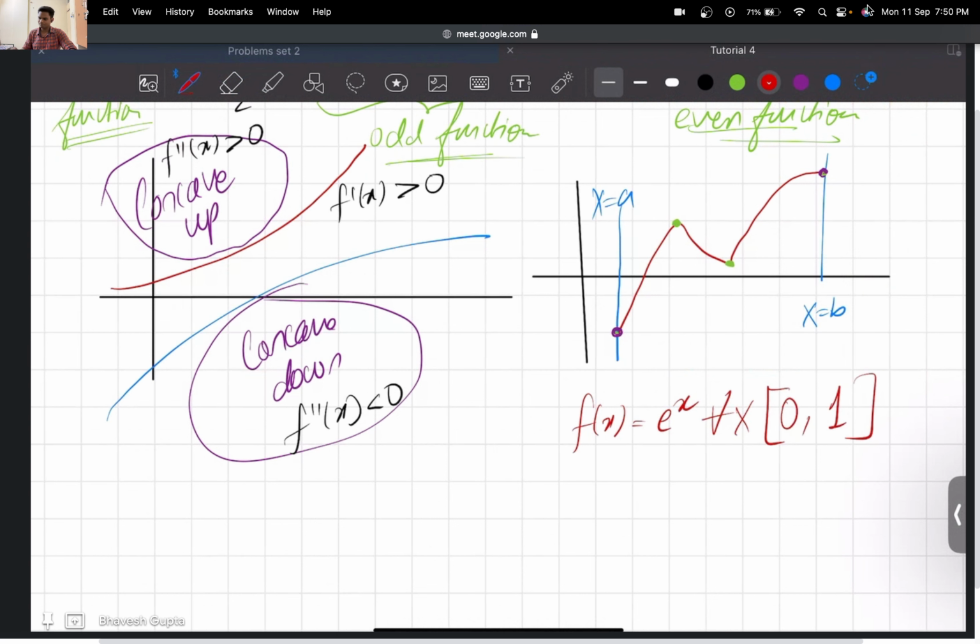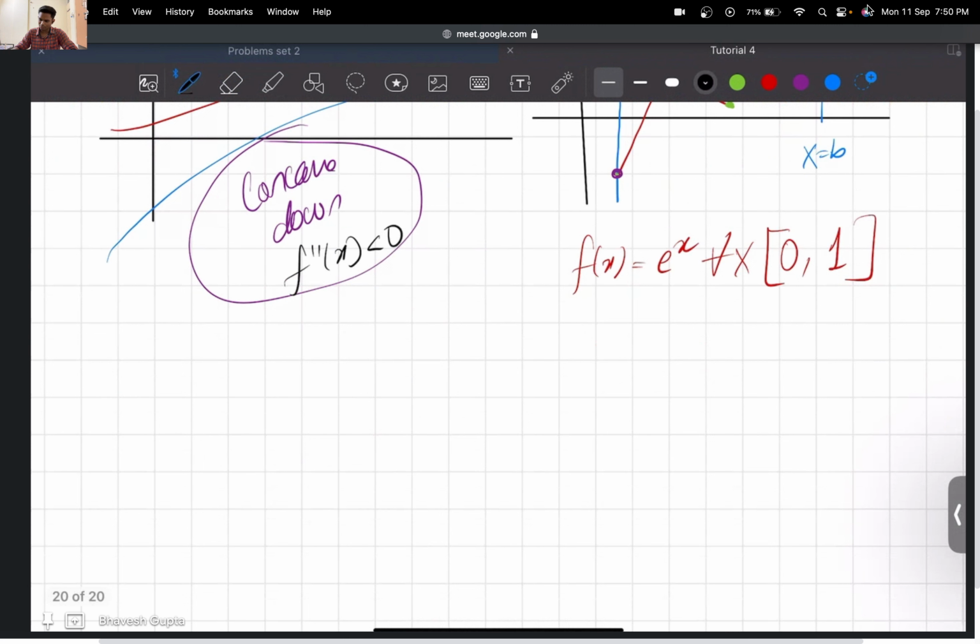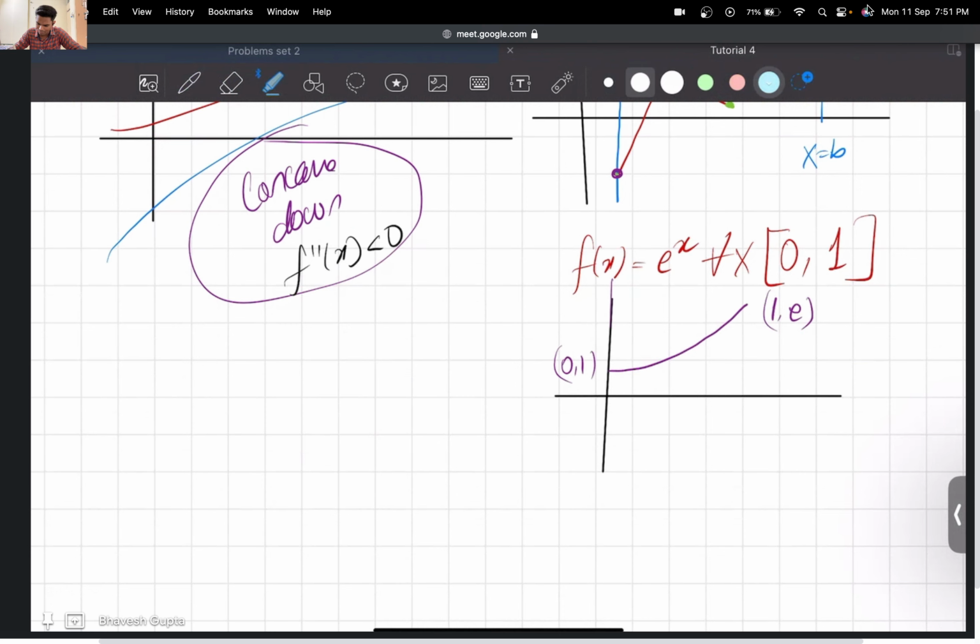So what kind of graph are you going to have? You have 0 comma 1, and over here we have 1 comma e, and you can see there is no root. So again you can see this is false.